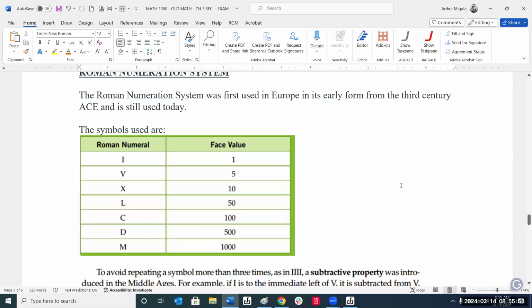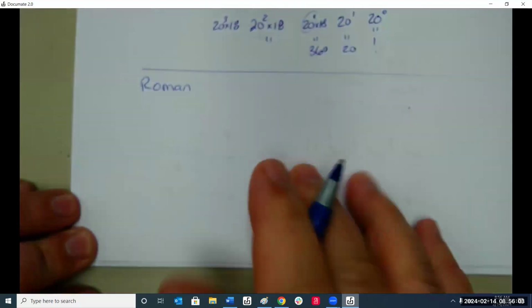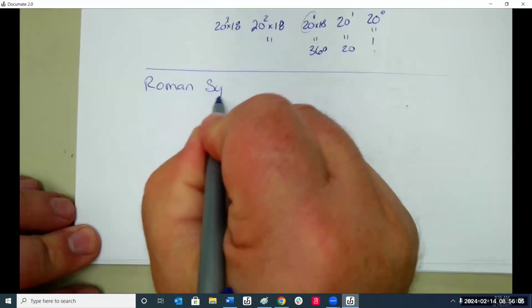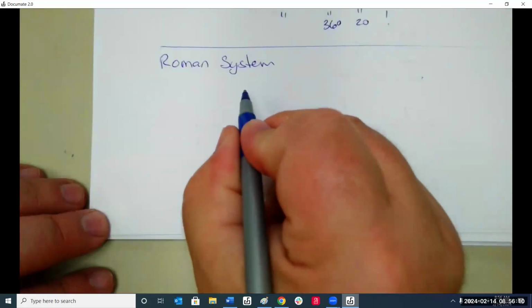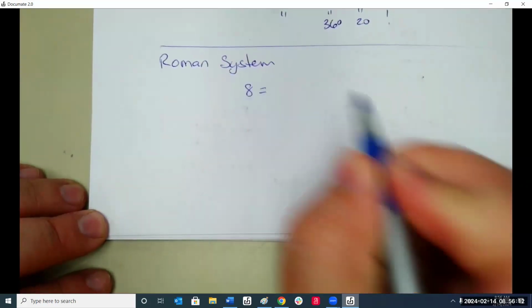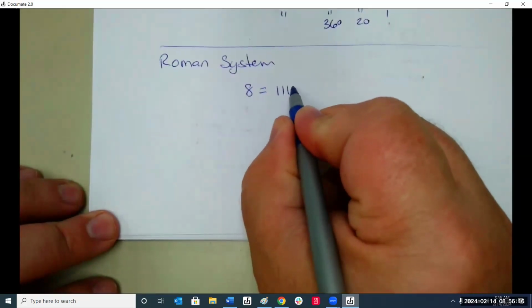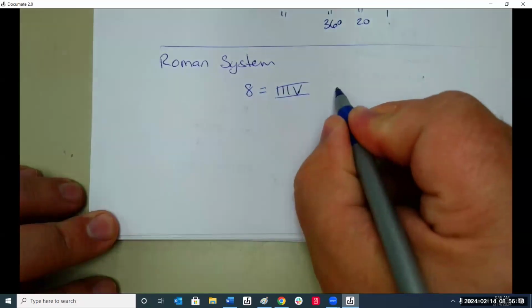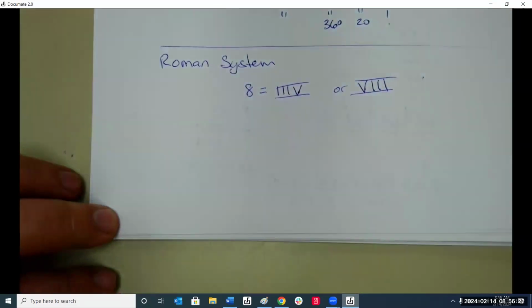Okay, now the way the Roman numerals work, whereas if you wanted to write the number 8, which one do you think is correct?